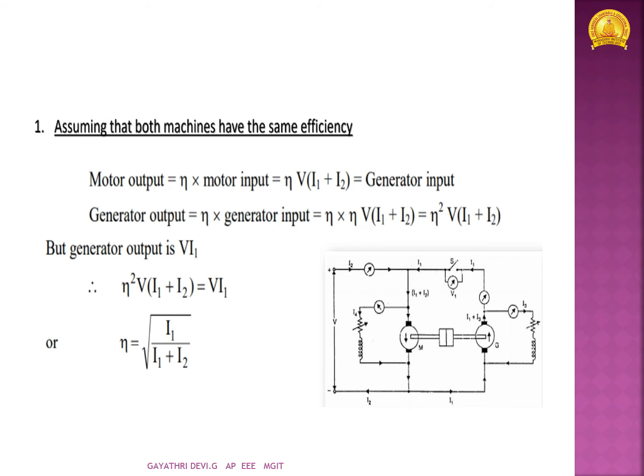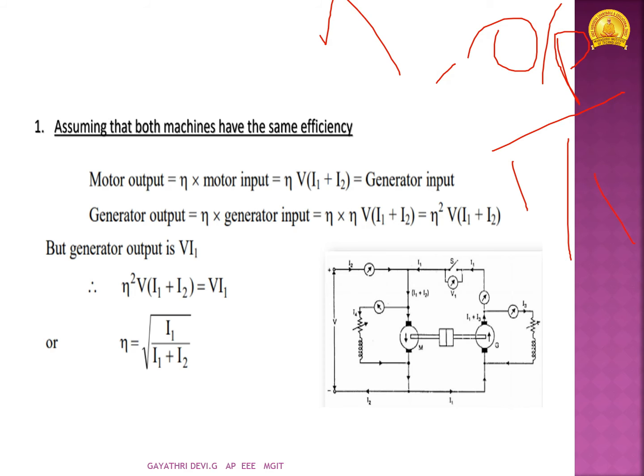So we are calculating the efficiency in two cases, assuming first that both the machines have the same efficiency. First we have to calculate the motor output. For calculating the efficiency, we know that the basic formula is eta equals output divided by input.